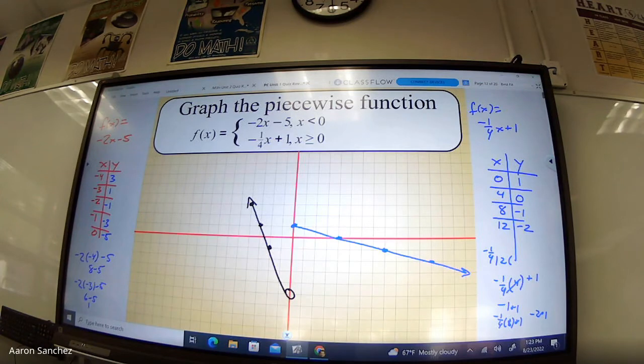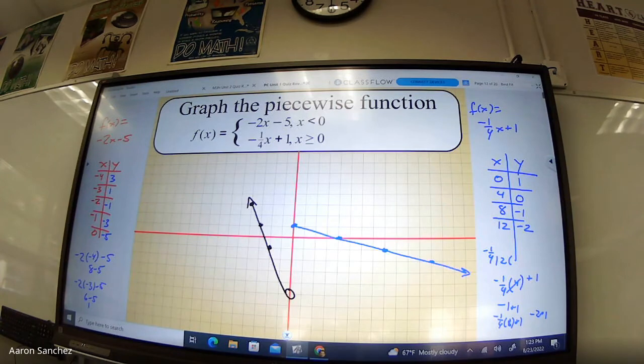It'll be easier for you to grasp, easier for me to bring. Make sure you get the arrow on both. This one stops here, arrow here. This one starts right there, no arrow.